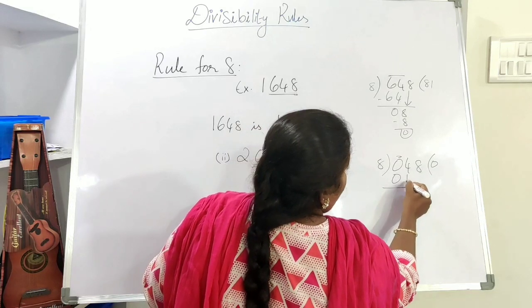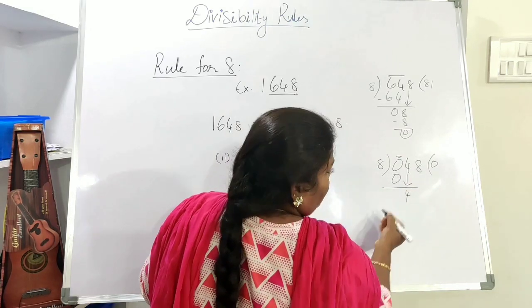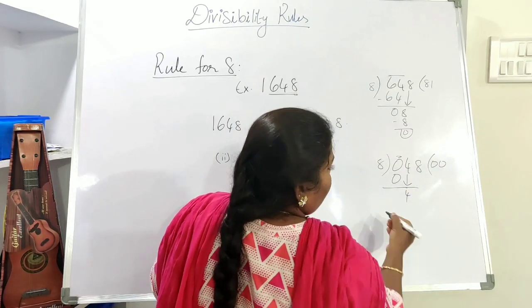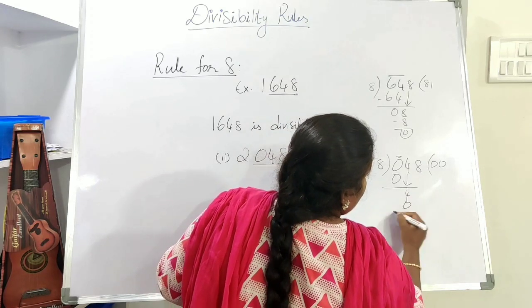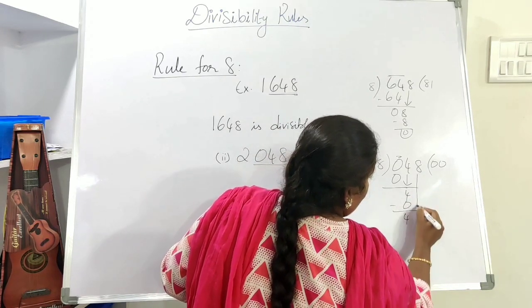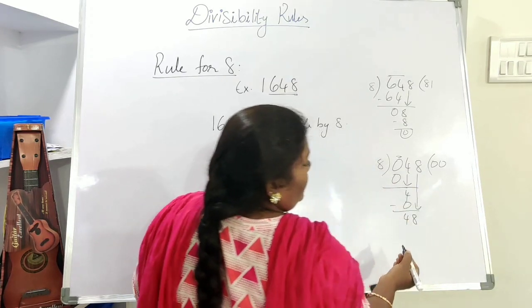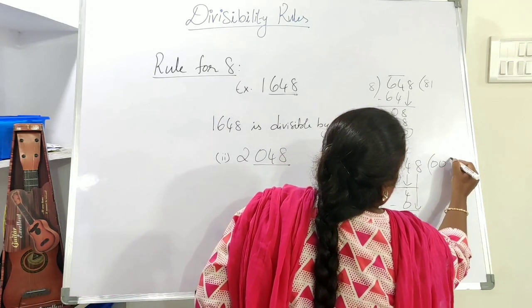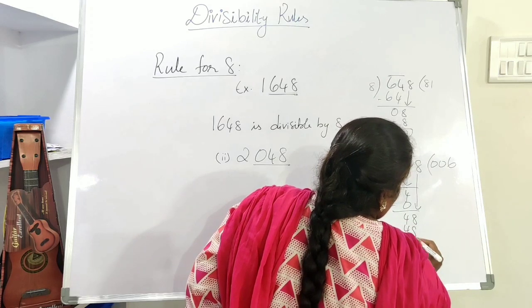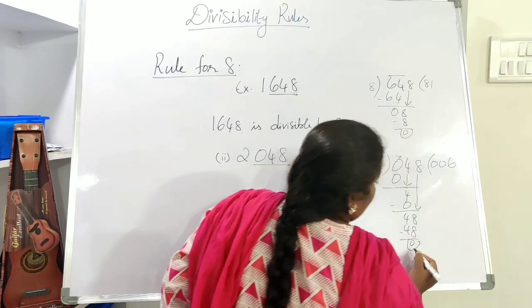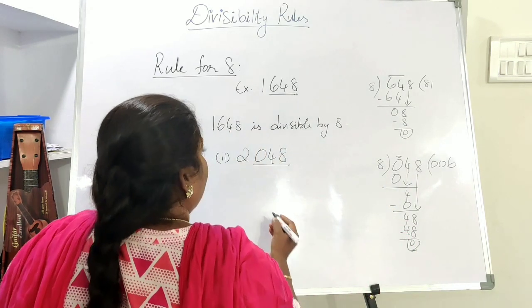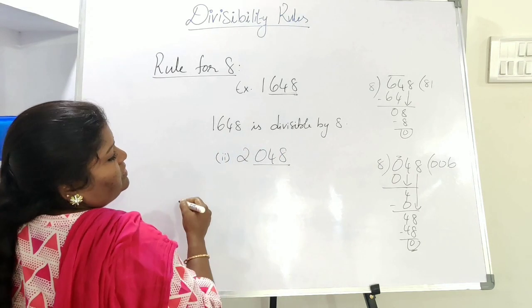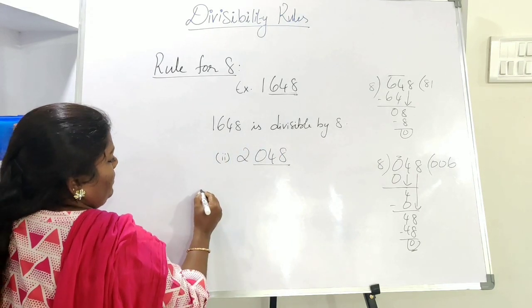So take the next digit. It's smaller, so you are going to take another number. 0 eights are 0. So 4. Take 8 down. Now 48. 8 sixes are 48. So you are getting the remainder 0. That means the given number is divisible by 8.